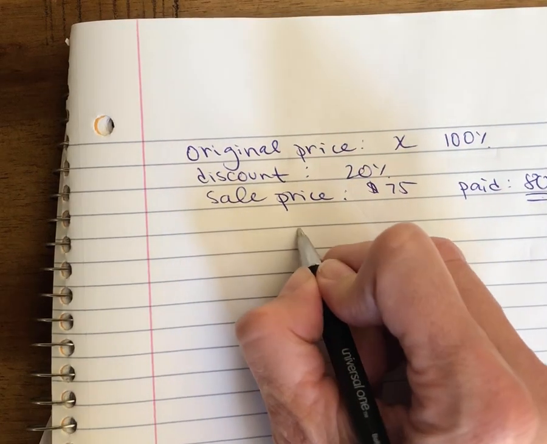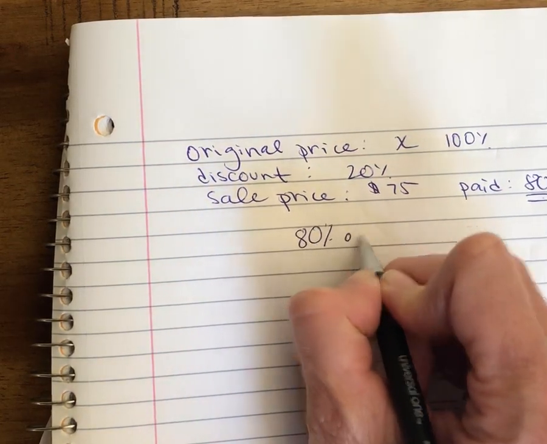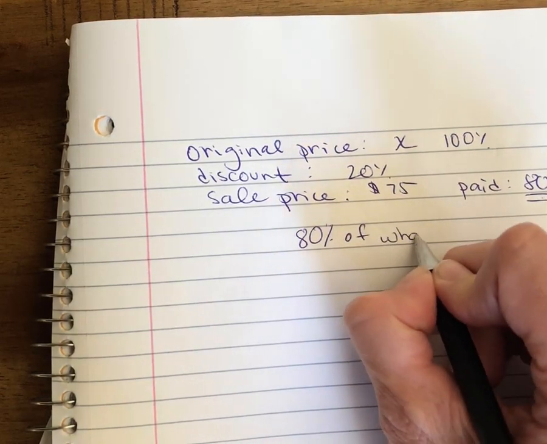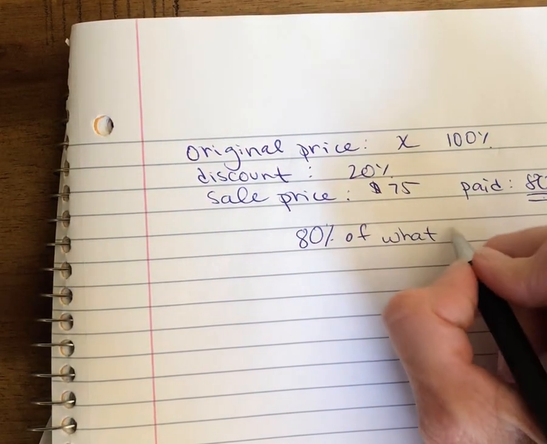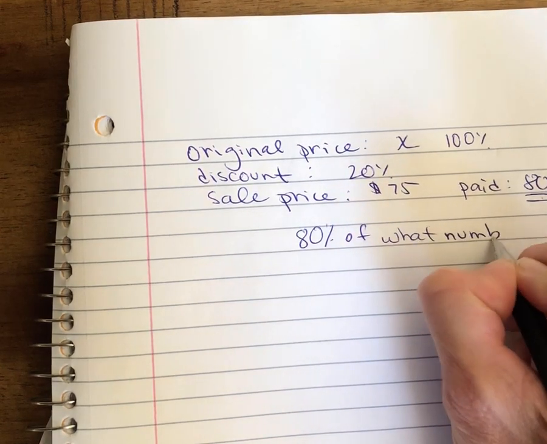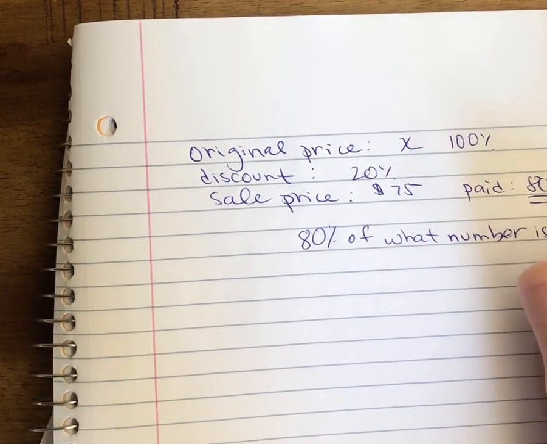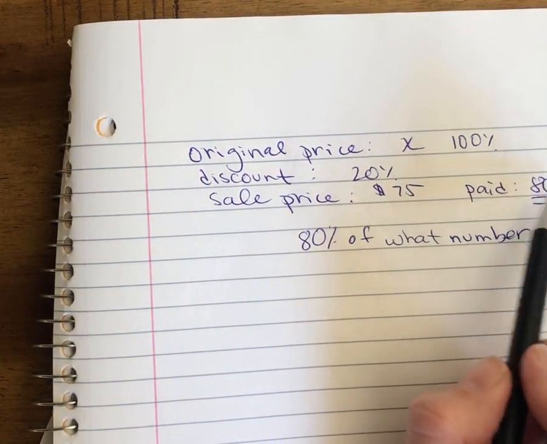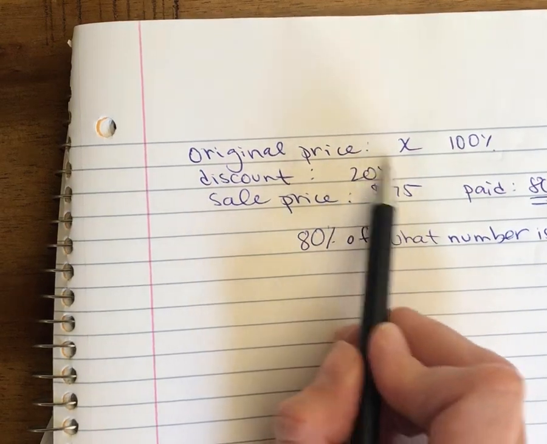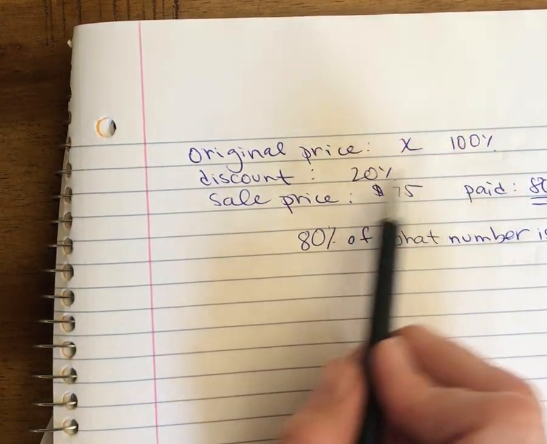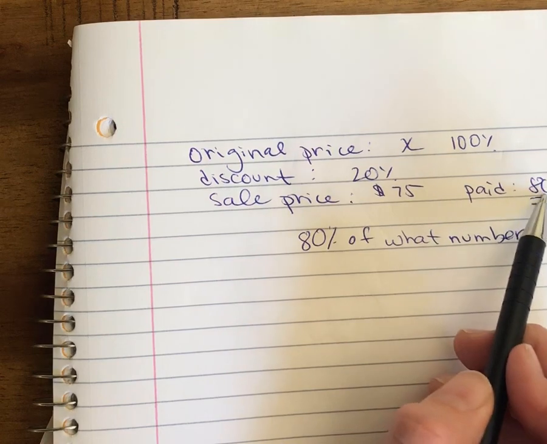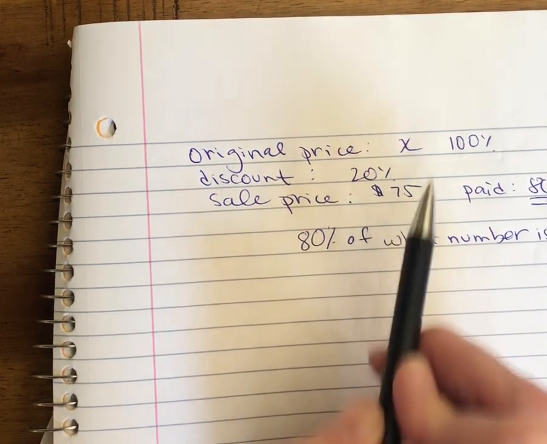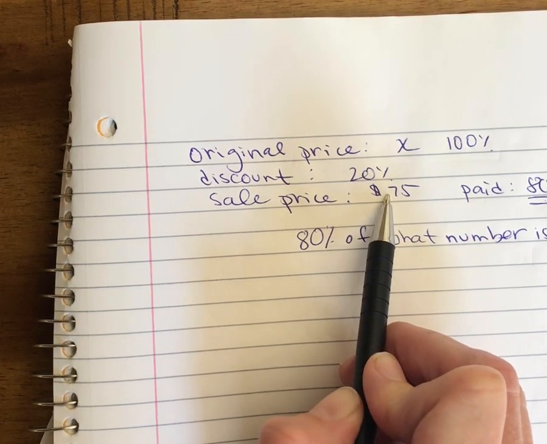Now, we're gonna use that 80% of what number is $75. That's the question, okay? So we're paying only 80% because it's taking off 20% from the original price. So 80% of this original price gets us to the sale price, 75 bucks.